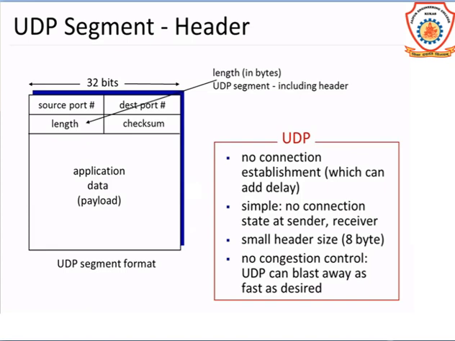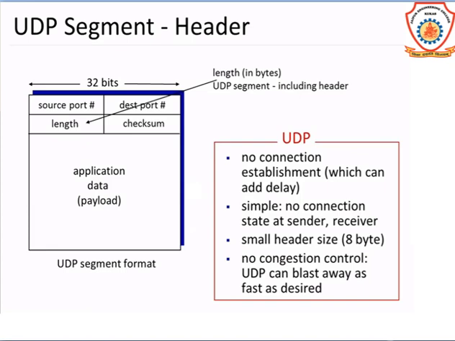Now let's understand the segment header information. The total header is 32 bits wide. The source port number is the first field, and the second field is the destination port number. Then there is the length in bytes of the UDP segment including the header.